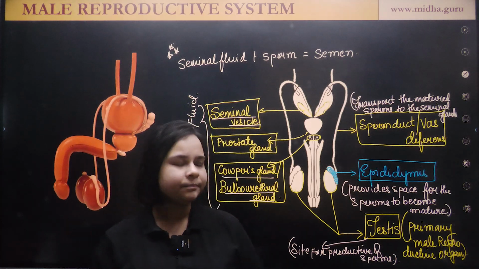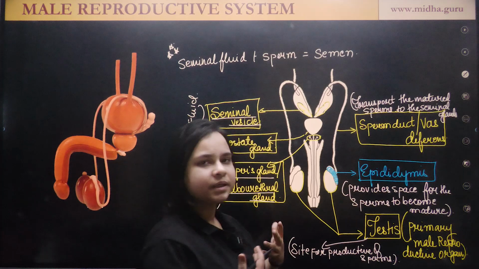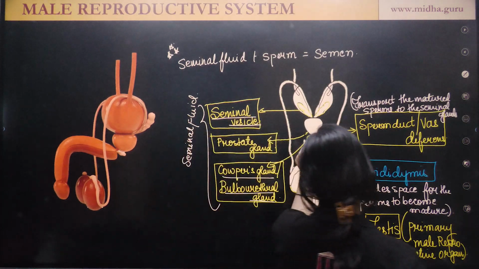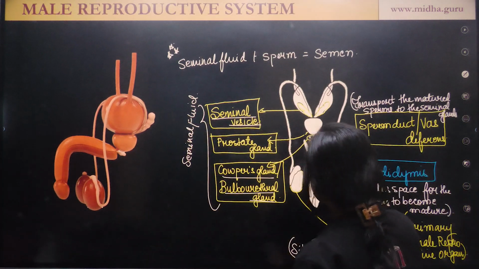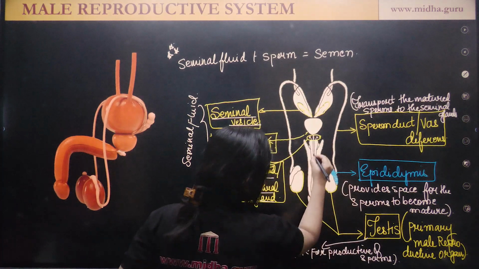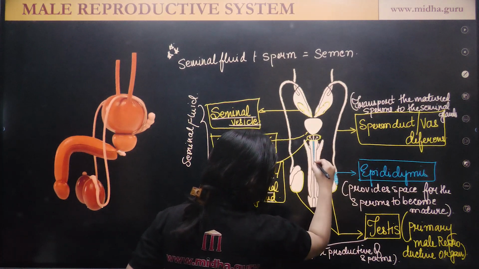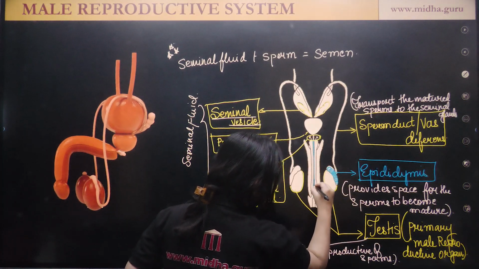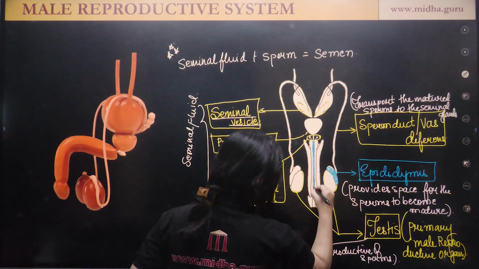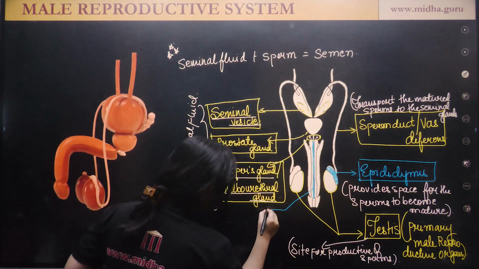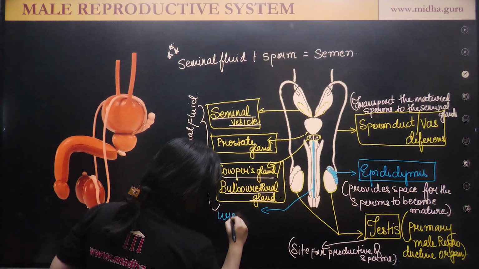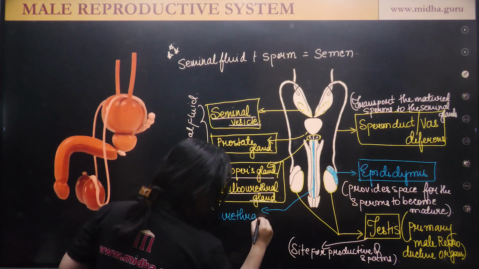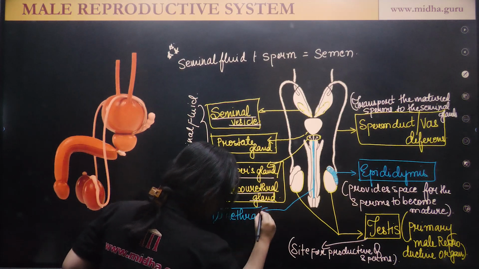Now after all these processes have been executed, it passes through another duct or passage. This duct or passage is called the urethra.